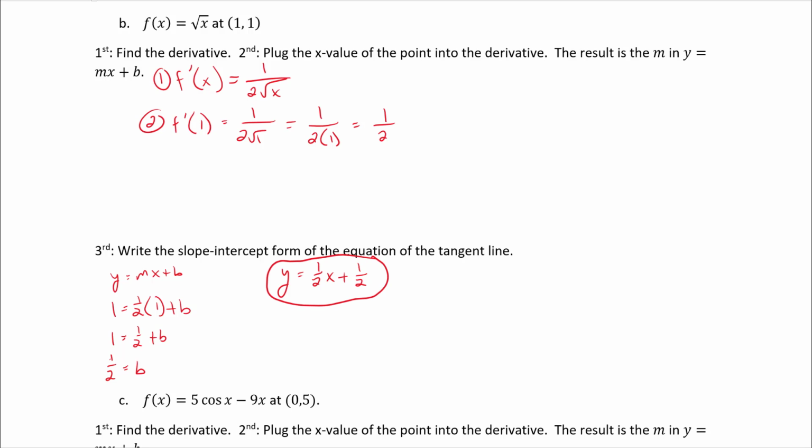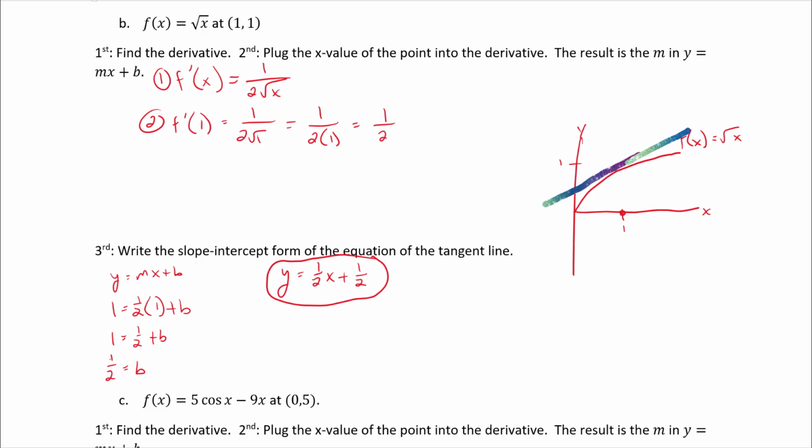I encourage you to graph f of x and your tangent line close to that point in your graphing calculator and start looking at what these graphs look like. In this case, for example, if this is my graph, f of x equals square root of x, and here is 1, 1, then my tangent line is going to look something like that.